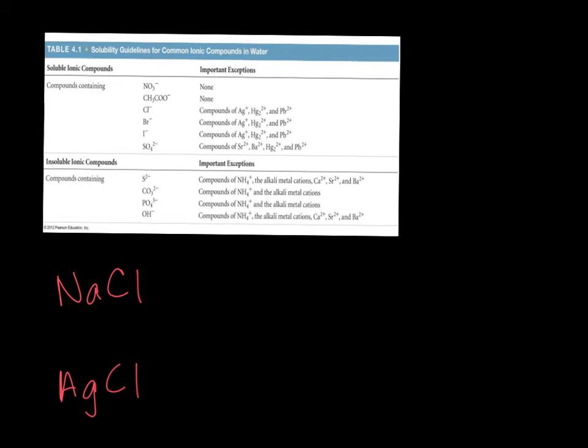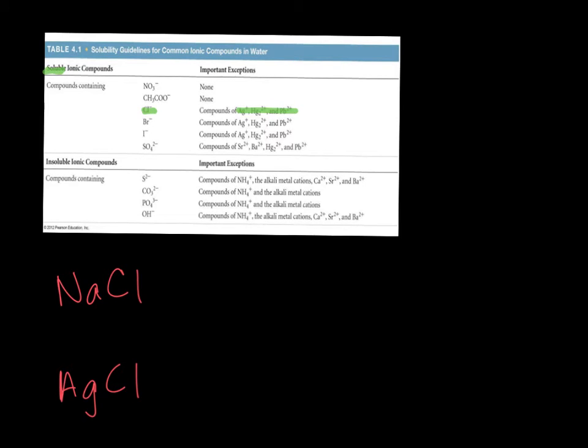So in this part, what we're basically doing is we're looking to see if it's soluble or not. On the slide before, they were all going to be soluble, so you could always find the concentration. On this one, you're not going to have to worry about concentration. I just want you to be able to tell me if it's soluble or not. So sodium chloride, right here: chlorides are soluble unless there was silver, lead, or mercury.